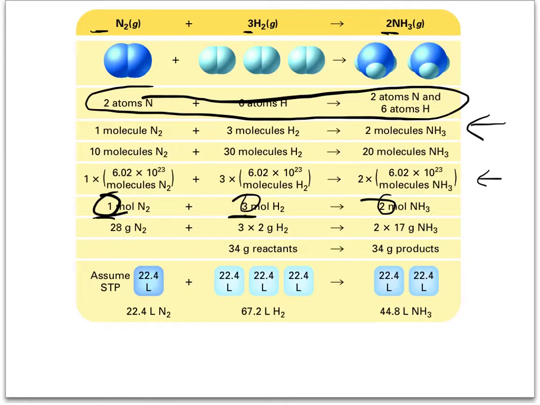That's how many moles I have. That is important for you to remember. But they're not conserved. Grams, on the other hand, are 28 plus 6, 34 grams on both sides is what we get. STP, or volume rather, is related to moles, so they're not conserved. These two don't equal, okay?